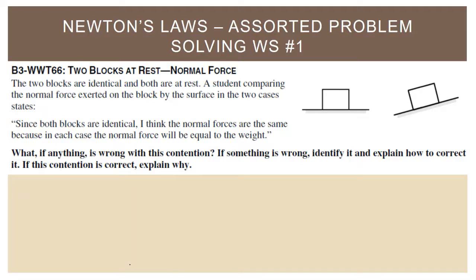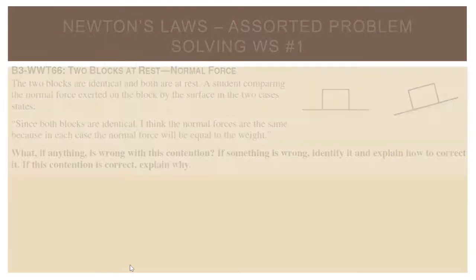Okay, so the key difference between these two situations, even though the blocks are identical and both at rest, is that in the first instance on the left, the object is sitting on a flat horizontal surface, and in the second case, the object is on an inclined plane. So the difference here is pretty simple.